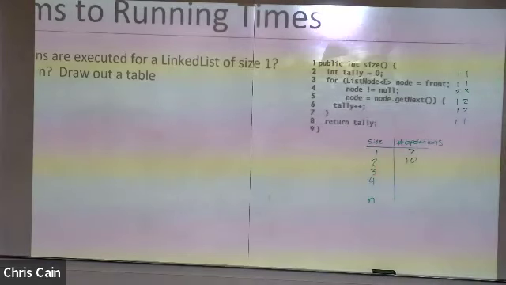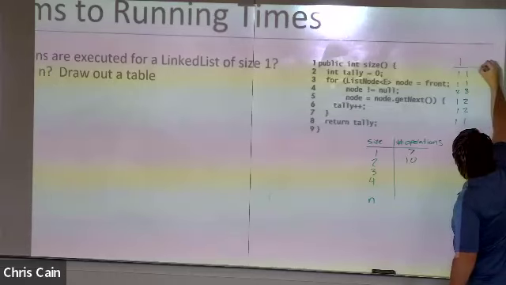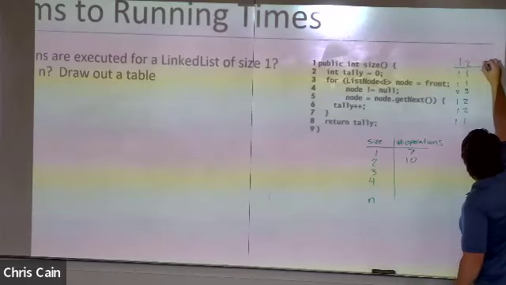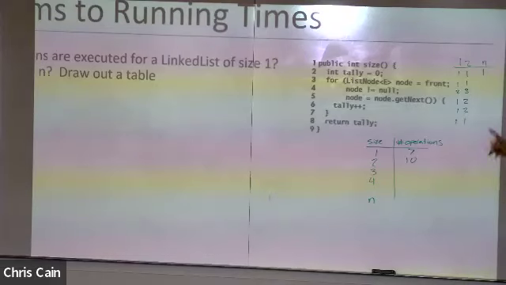Do we have enough information now to turn each one of these into an expression based on the size of the list? How many times are we going to do the first thing if the size of the list is n? Setting tally is always going to be once, so I'll set this as 1, 1, and 1. How many times do we set the node to the front? Once.